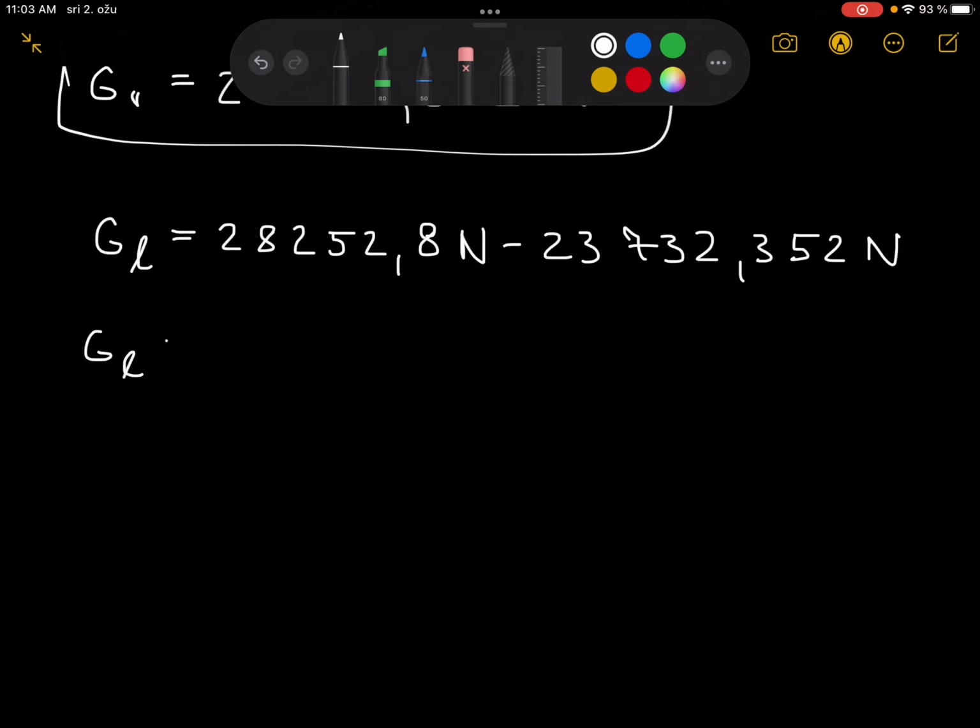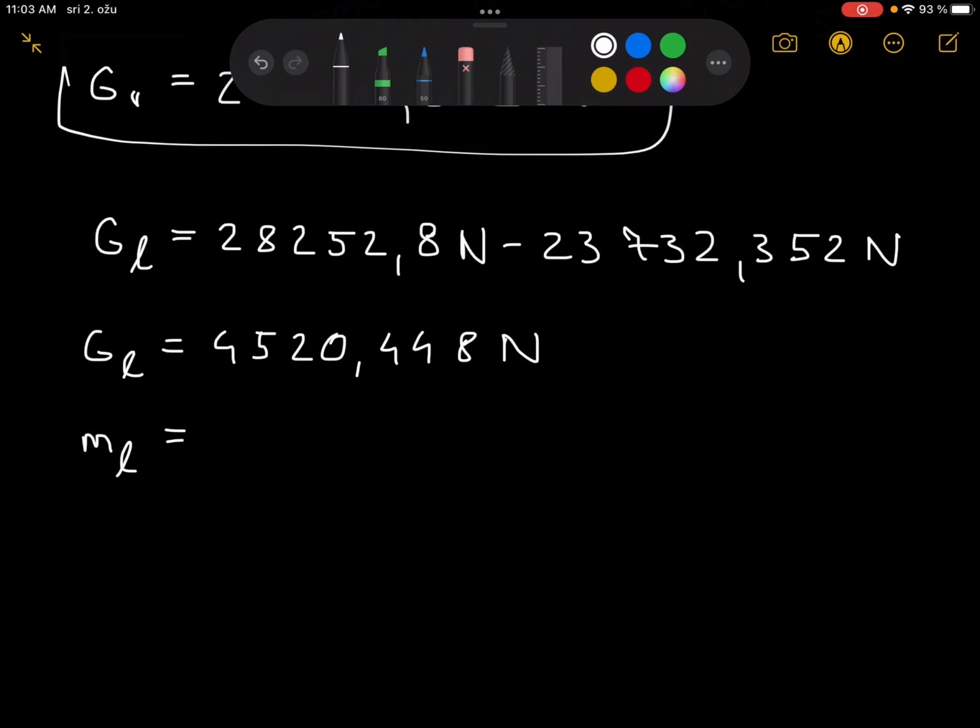So the maximum weight of the load must be equal to 4,520.448 newtons.